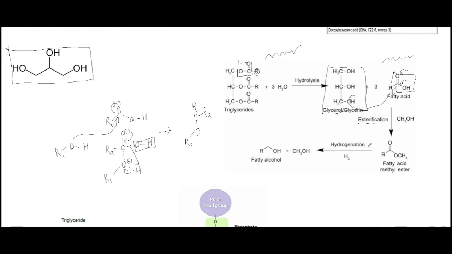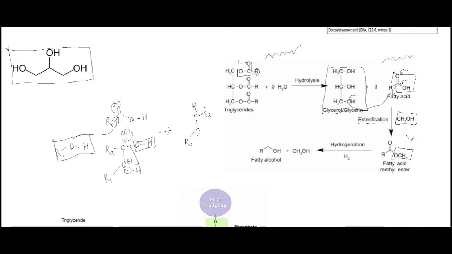And so that's how we end up with, in this instance, this was what this species was over here, and so we end up having this CH bound onto here, and we lose a water from this.